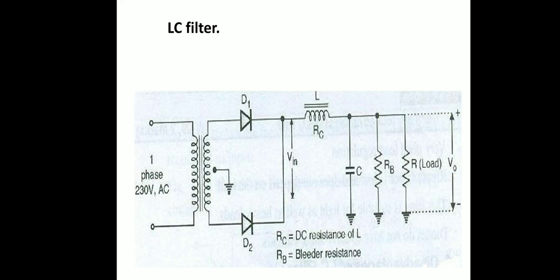Thus, the output of the rectifier has to be passed through a filter circuit to filter the AC components. The filter is a device that allows the DC component to pass to the load and blocks the AC component of the rectifier output. Thus, the output of the filter circuit will be a steady DC voltage.